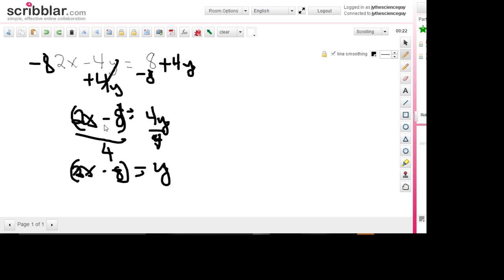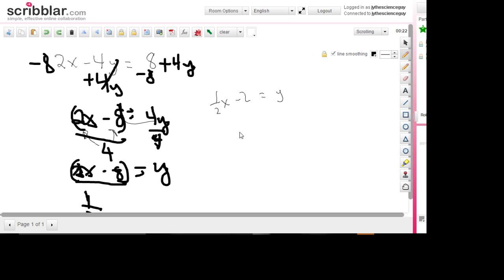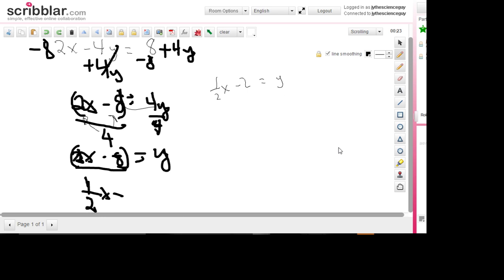I want to simplify it. So is it going to be like 1/2? That's where I get confused. Sometimes I don't know how. I've done it before, but it's been a while. So this 4 goes into that number and that number. So it's going to be 1/2 x minus 2 equals y.